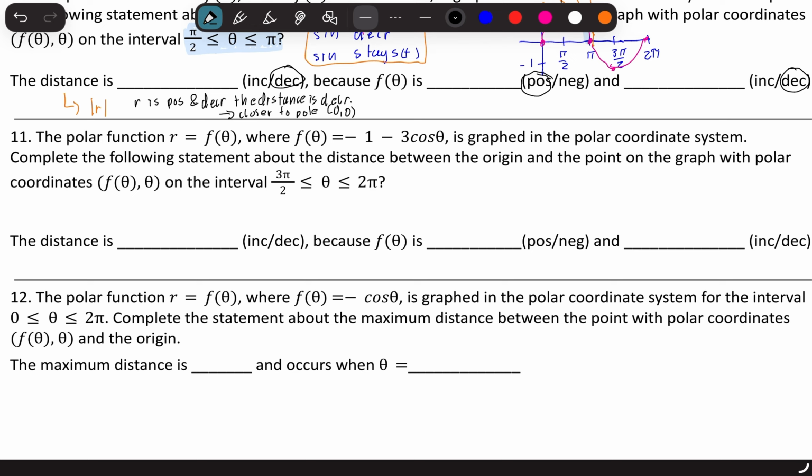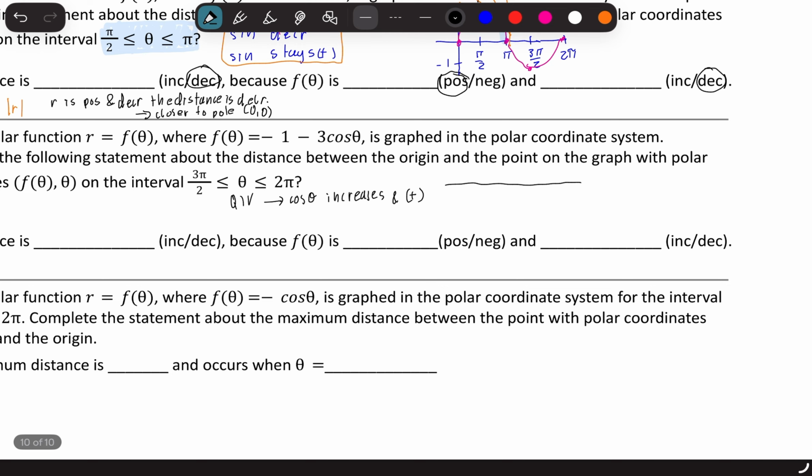Now cosine, we know it's going to be in Q4. And we know that cosine in Q4 increases and is also going to be positive because Q4 is 3 pi over 2 to 2 pi.